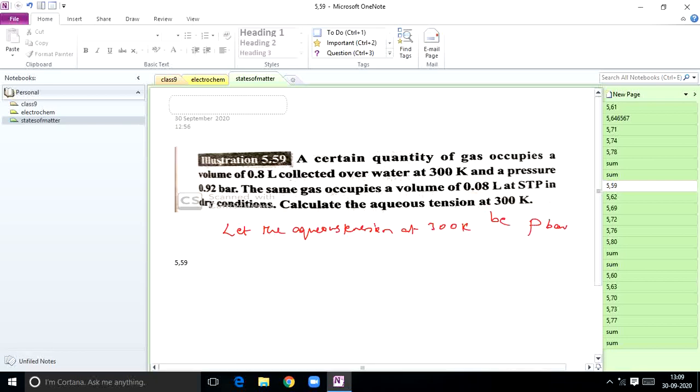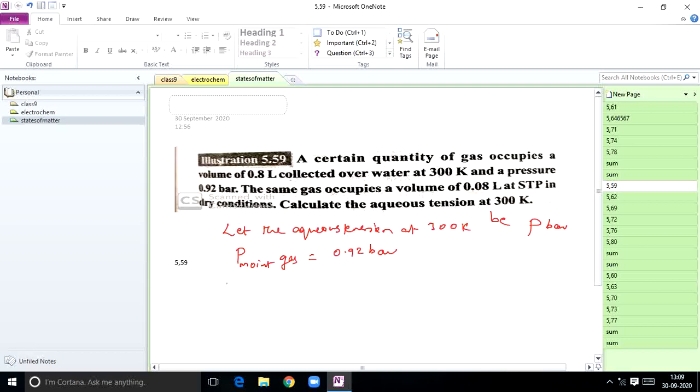So the pressure of the dry gas. See, here gas is collected over water, that means moist gas. The pressure of the moist gas is given as 0.92 bar.